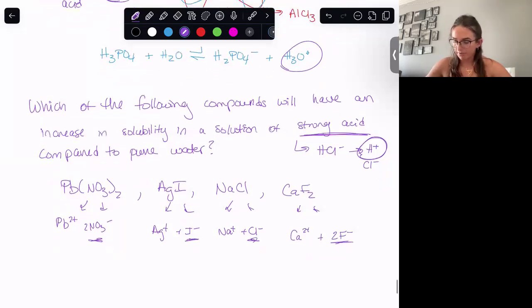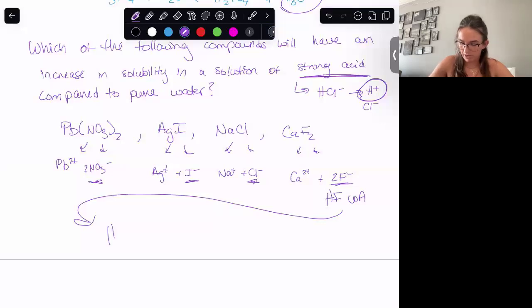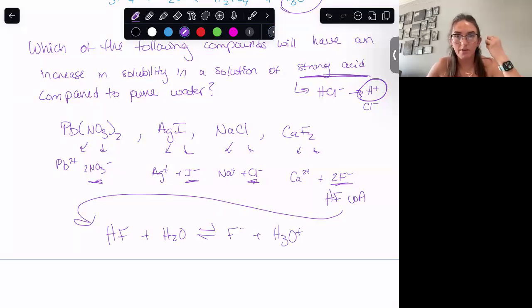HF is now a weak acid. This weak acid will go into a new side reaction, forming an equilibrium, taking some F minus ions out of solution, therefore disrupting solubility and forcing more of that calcium fluoride to dissolve, increasing solubility in that acid solution.